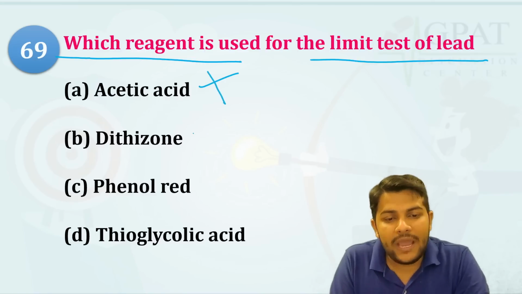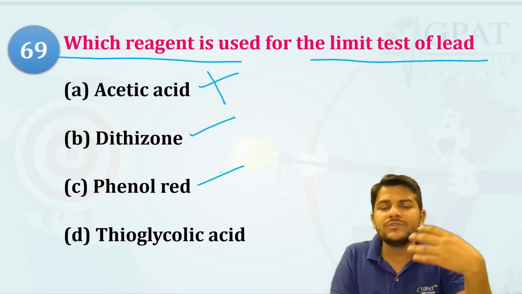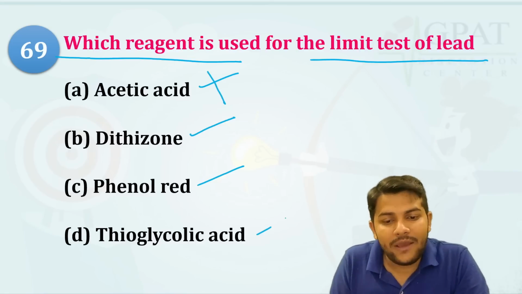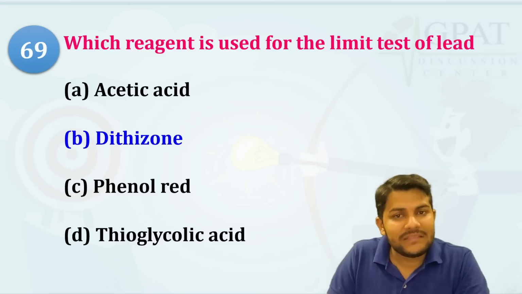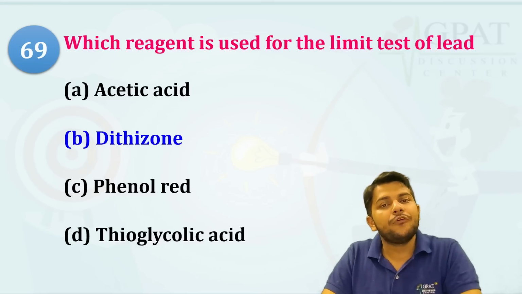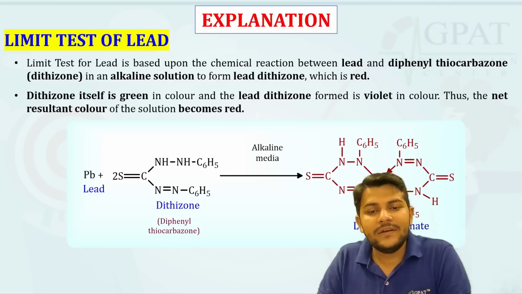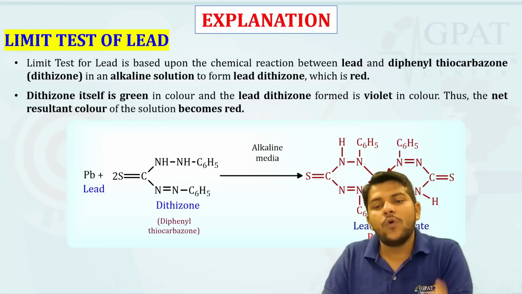So there is the explanation of the limit test of lead, that it is based on lead and diphenylthiocarbazone. Diphenylcarbazone is the chemical name of dithizone. Like this is the chemical composition of dithizone. In an alkaline solution, lead leads to the formation of a red color, or we can say lead dithizone.